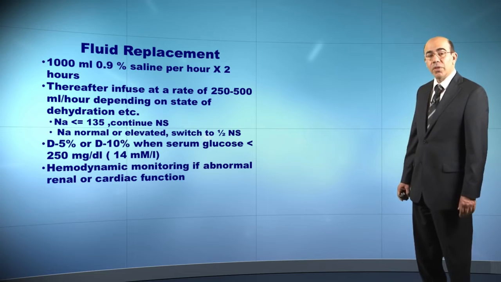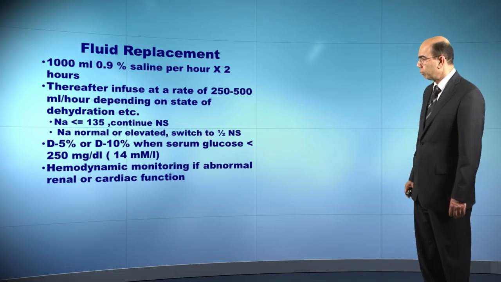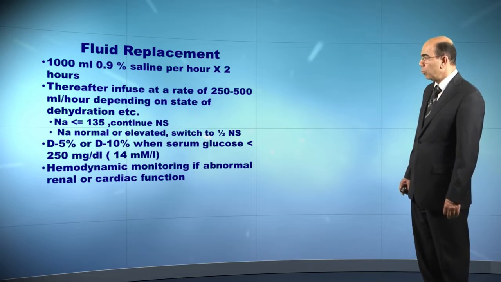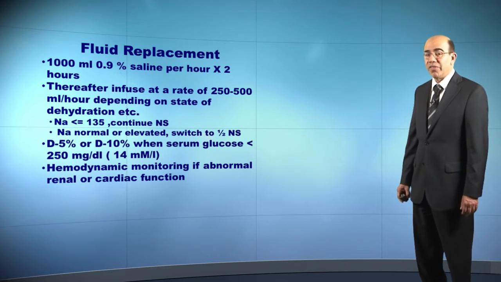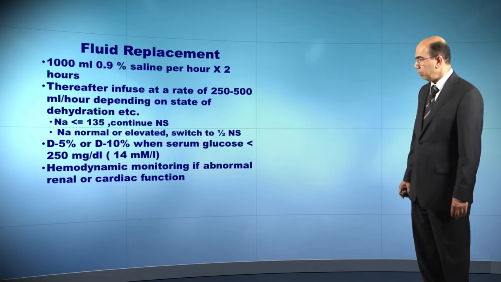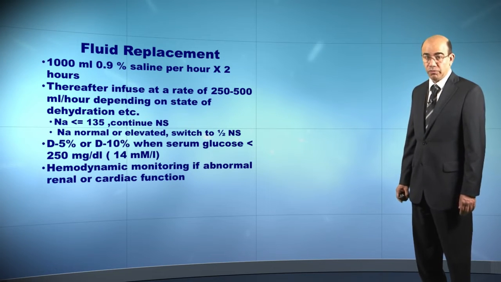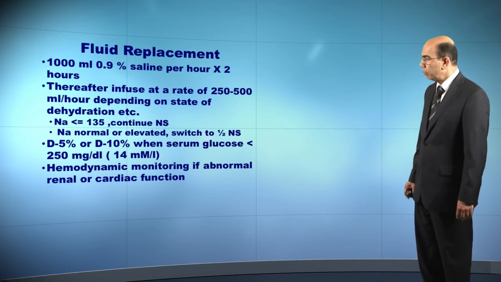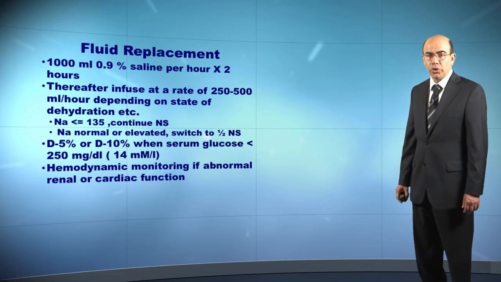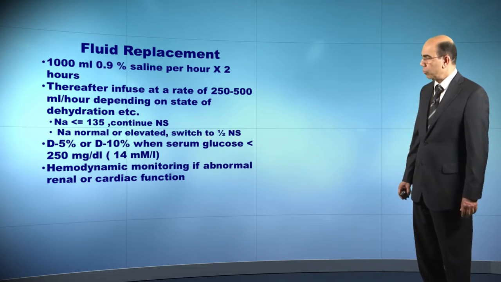If the sodium level is less than 135, you continue the same normal saline. However, if the sodium is normal or elevated, it's preferable, especially in HHS, to switch to half normal saline. Once the blood sugar comes down to less than 250, which it frequently does in a short time, you need to switch the fluid to dextrose 5% or occasionally to dextrose 10%.